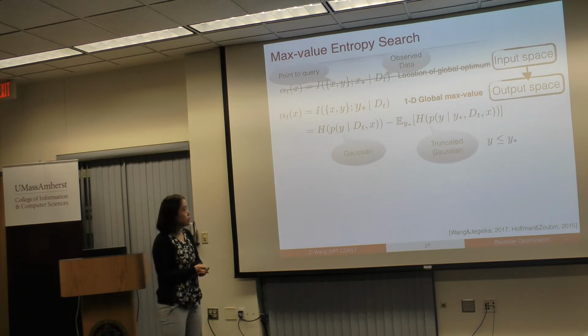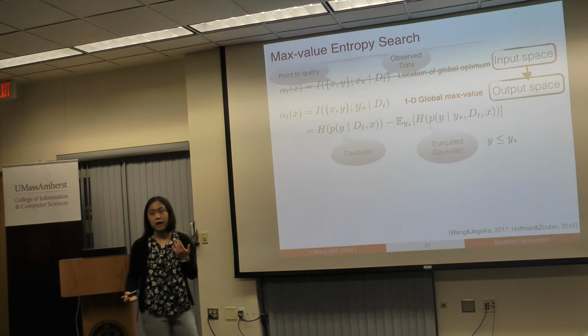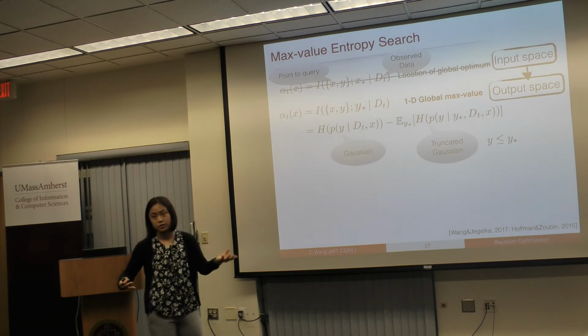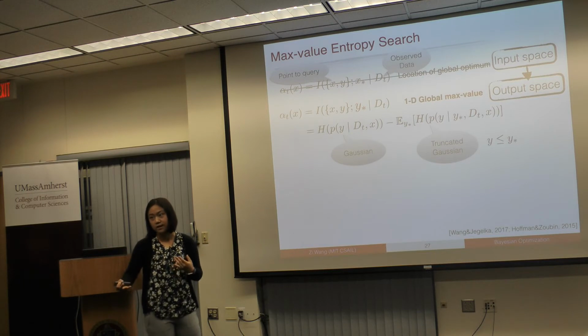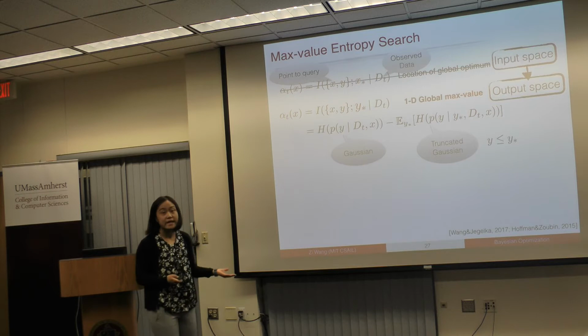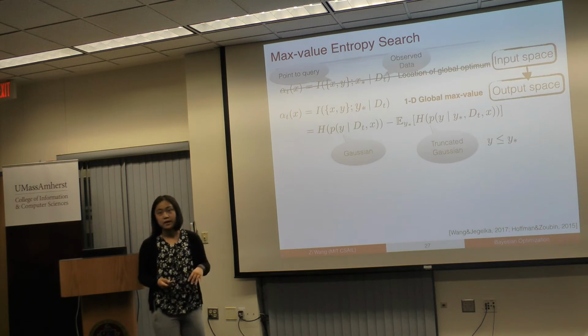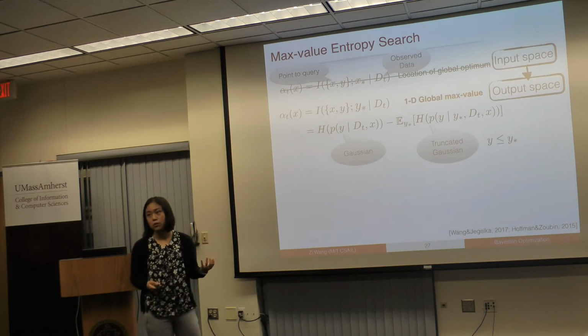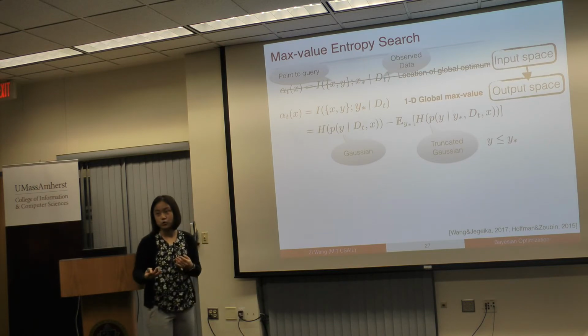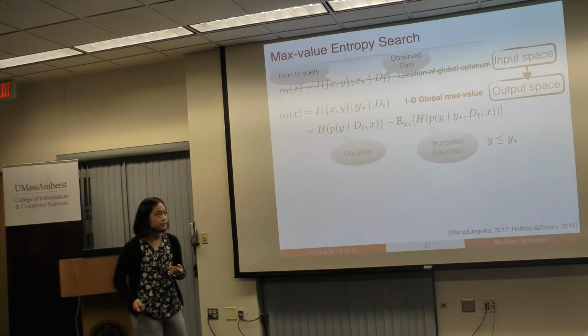And for the second term, because we know that if we know the max value of the function, then all the other function values will be smaller than that, it can be effectively approximated by a truncated Gaussian distribution, for which we also know the closed-form entropy.